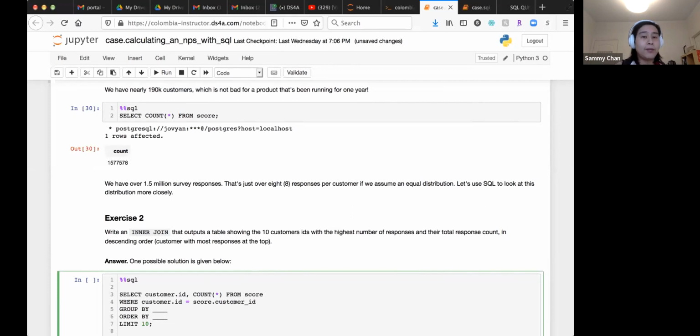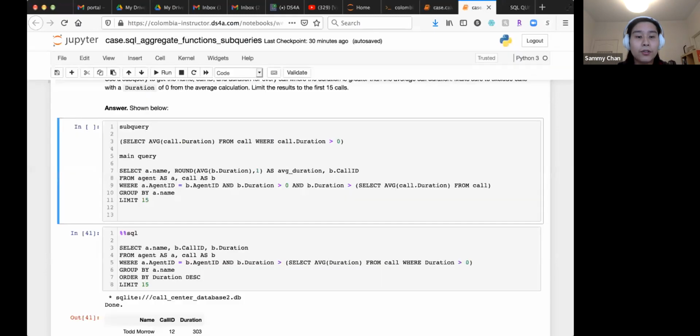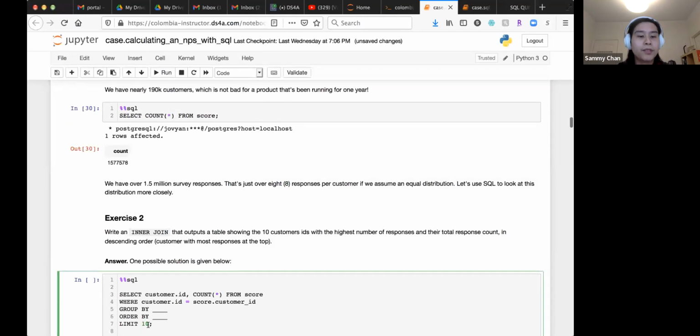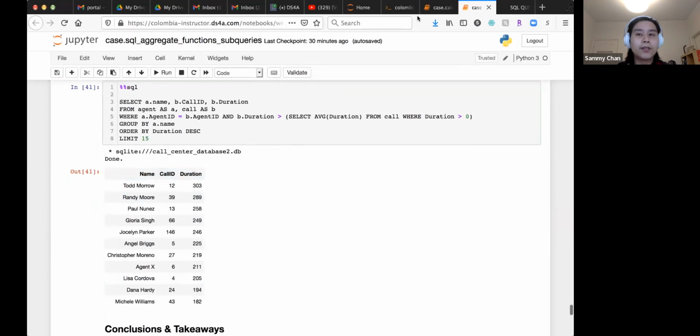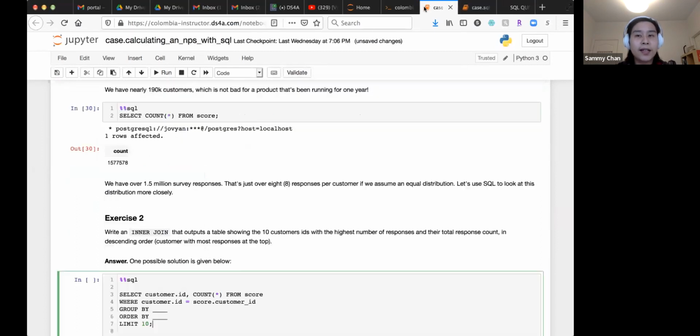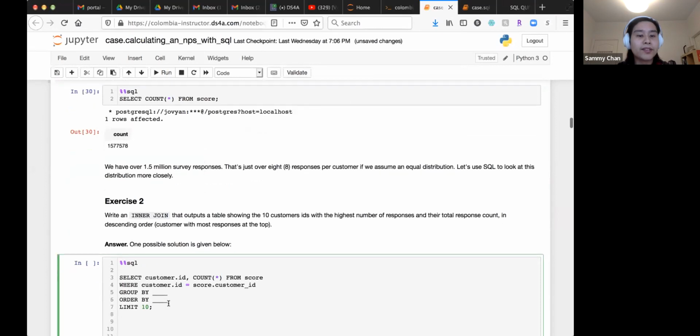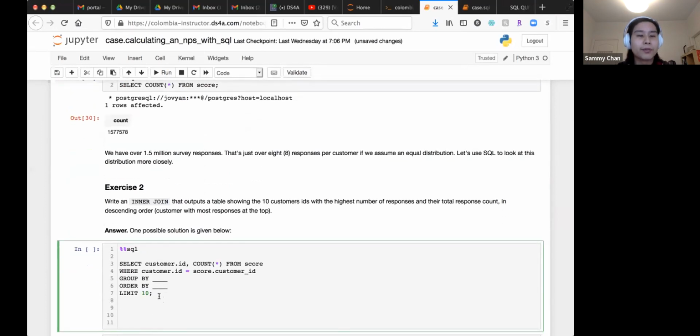One crucial difference between Postgres SQL and SQLite is you should always remember to put a semicolon at the end. In the previous case, the queries that we wrote and ran didn't need it, but for this case, all the queries and SQL commands that we run on the Jupyter Notebook need to have the semicolon.